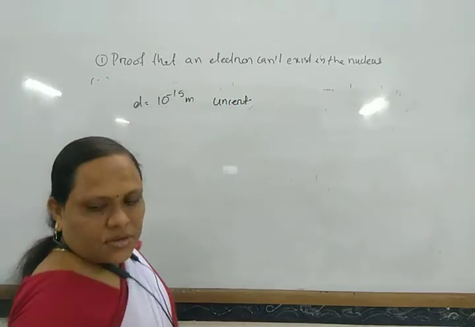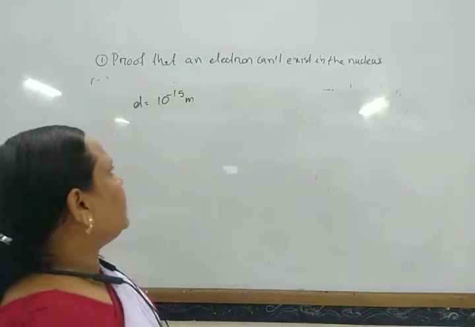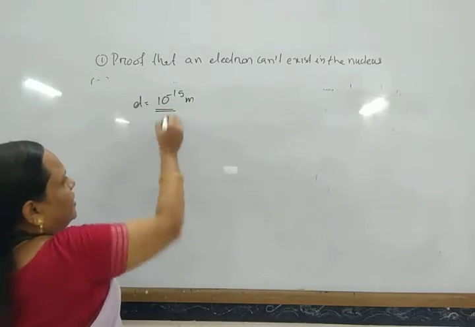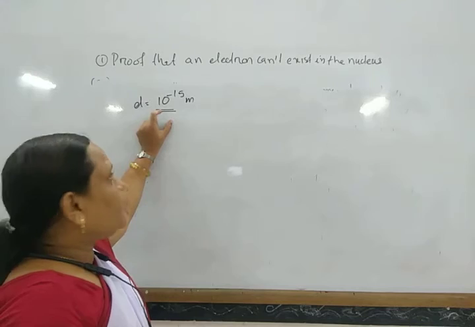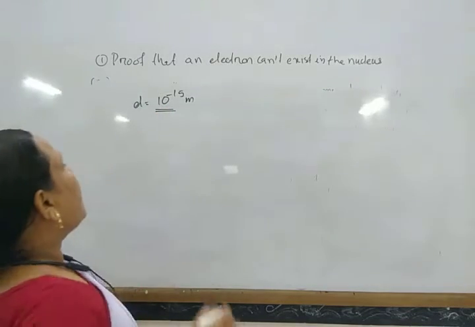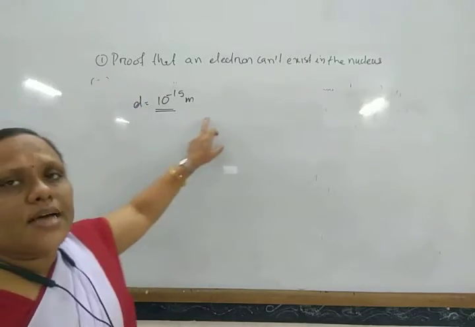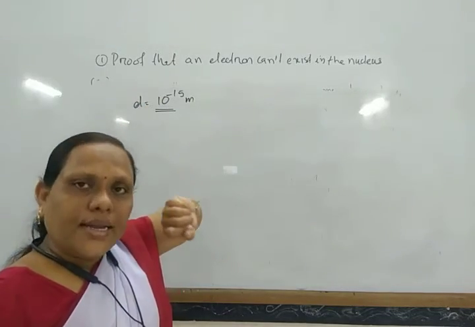Suppose this is the position of the electron, not uncertainty. So this electron is present in this confined diameter, 10 to the power minus 15 meter. We have to find out what the velocity of the electron is here.